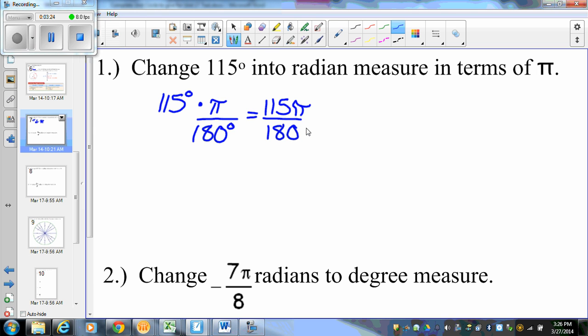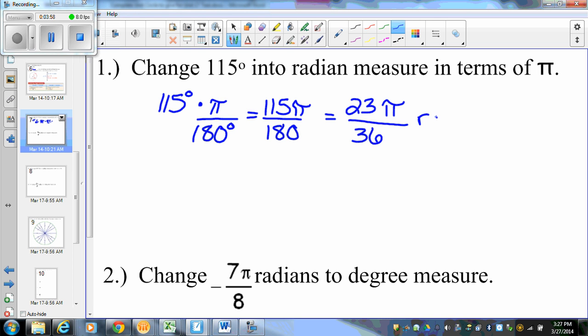You can either try to find a common factor out of 115 and 180 and simplify it that way, or you can just type 115 divided by 180 in your calculator and then do math fraction, and it'll give you the most reduced fraction, which both of those numbers are divisible by 5. So that'll reduce to 23 over 36. And then don't forget that you still have the pi there. So 115 degrees is equivalent to 23 pi over 36 radians.